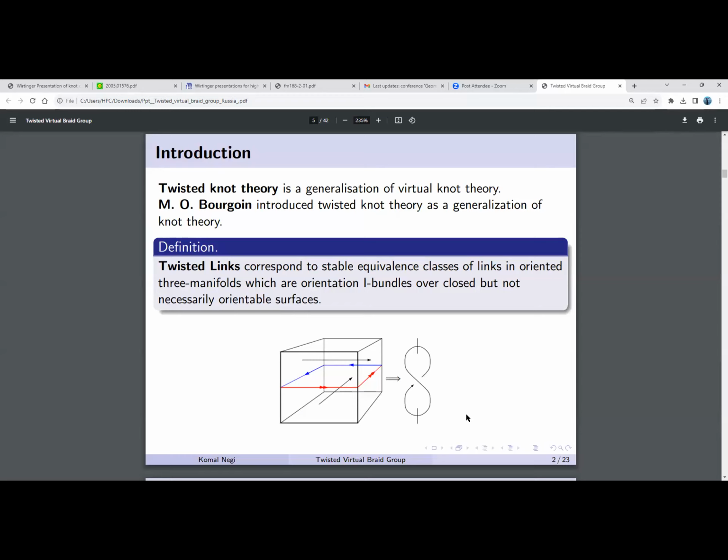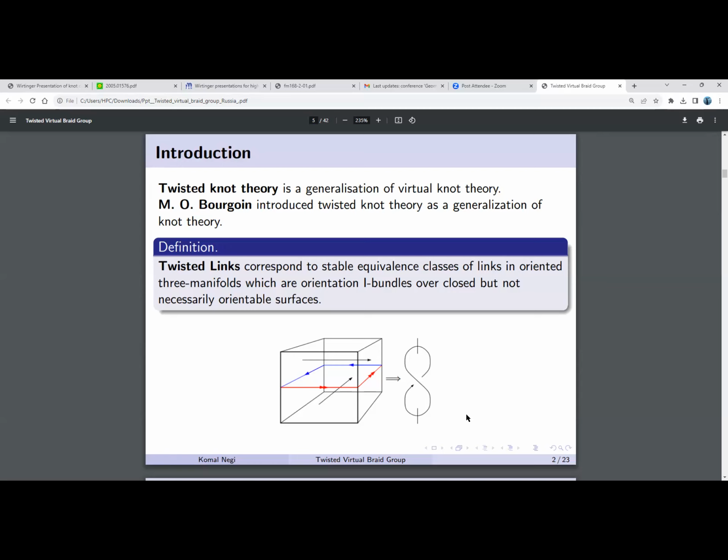Generalization means that in virtual knot theory, we are considering thickened surfaces where the surfaces are orientable, but in twisted knot theory, we are considering thickened surfaces where the surfaces may not be orientable. My question is, if you have two virtual knot diagrams which are equivalent as twisted diagrams, are they equivalent as virtual diagrams?